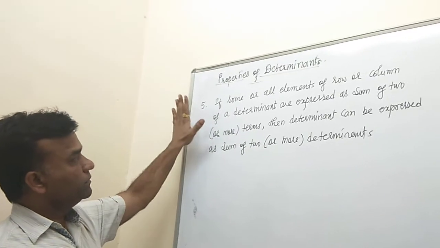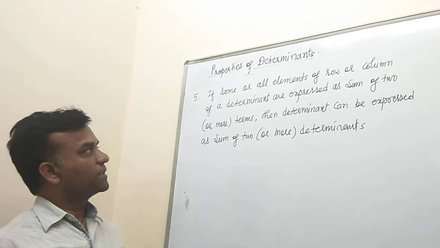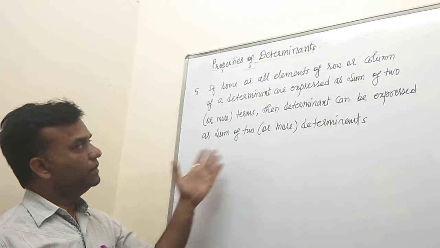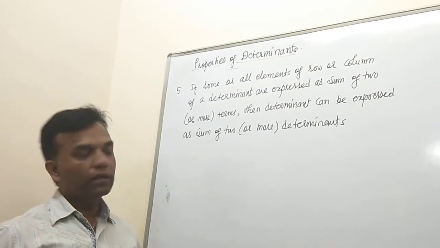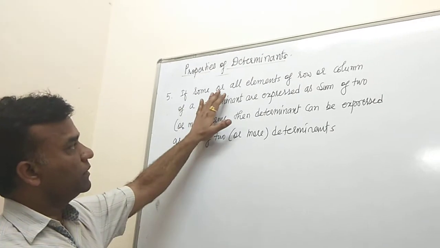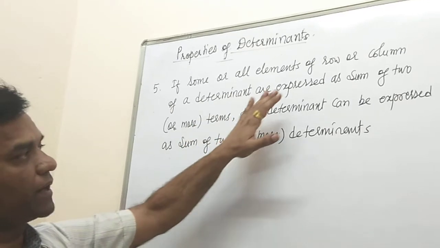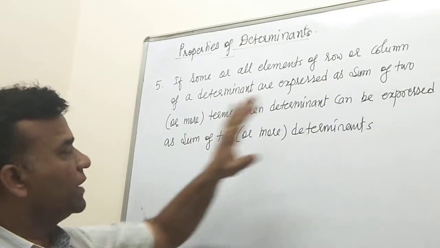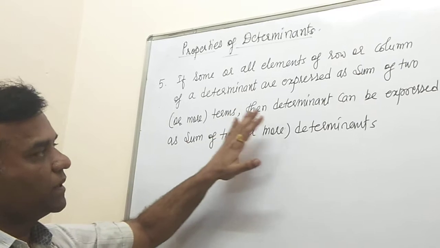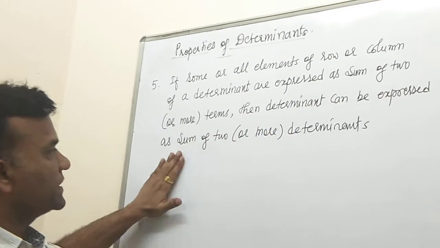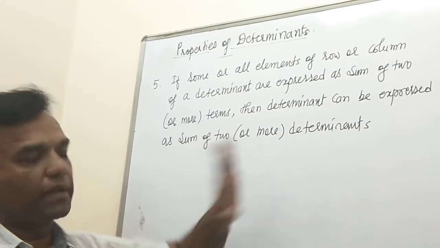Property 5. Now we have already discussed the fourth property. The fifth property statement is: if some or all elements of a row or column of a determinant are expressed as a sum of two or more terms, then the determinant can be expressed as the sum of two or more determinants.